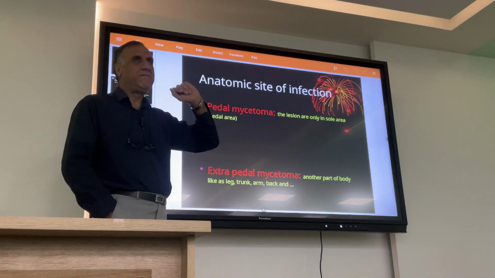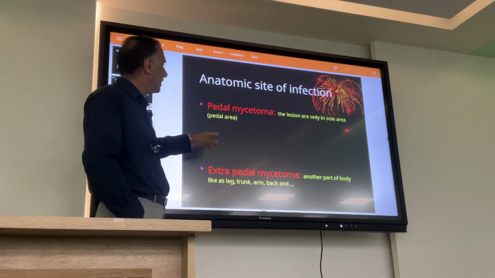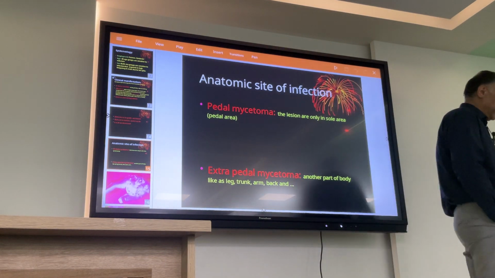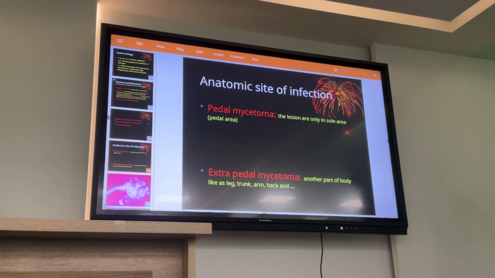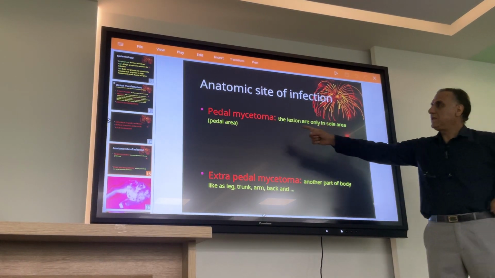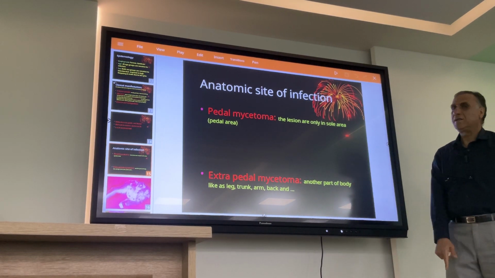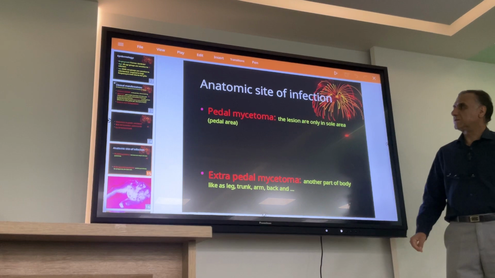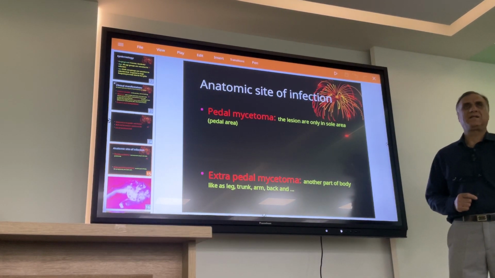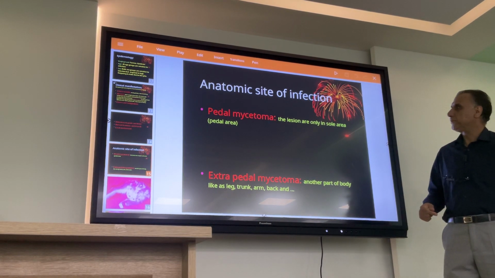Based on the anatomical site of infection, we have two types of mycetoma: pedal mycetoma and extrapedal mycetoma. Pedal means in the foot, because it has a high chance of contact and exposure to the source and injury.